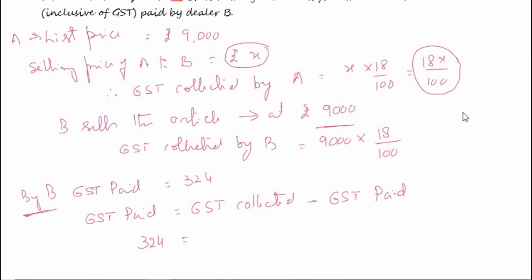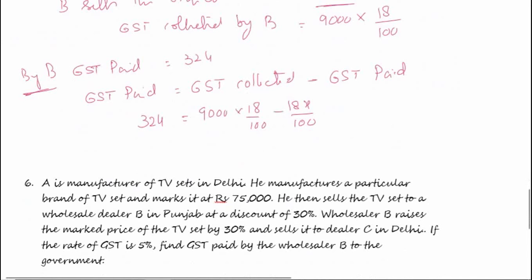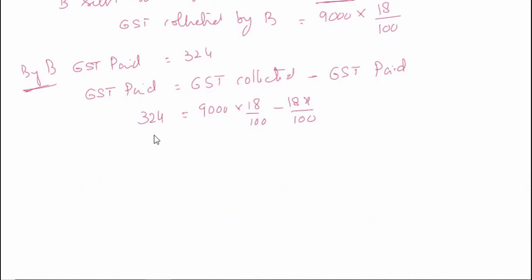Now GST paid 324 is equal to GST collected. What is the GST he collected? Here 9,000 into 18 by 100. Let us keep it like this. 18 by 100. How much B has paid GST? 18X divided by 100. So let us keep this one as 324.